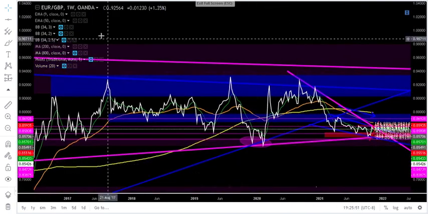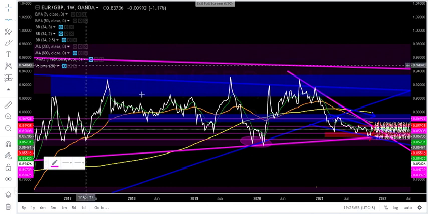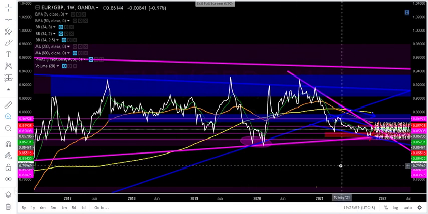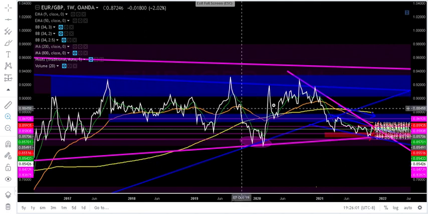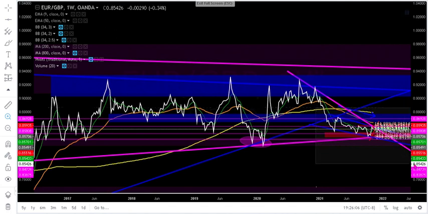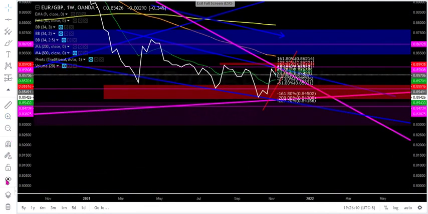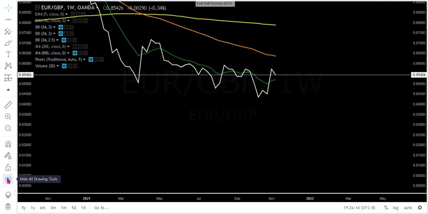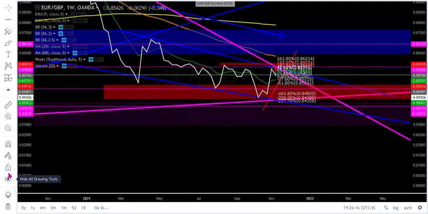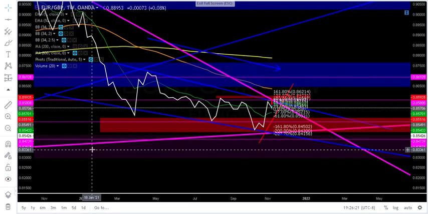Hold on. So this right here is the weekly lines. Oh God, hold on. Let me zoom in. Yeah, I chose this one because I was looking at the currency.